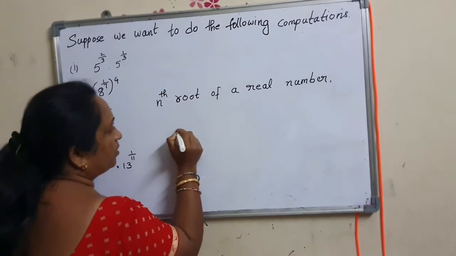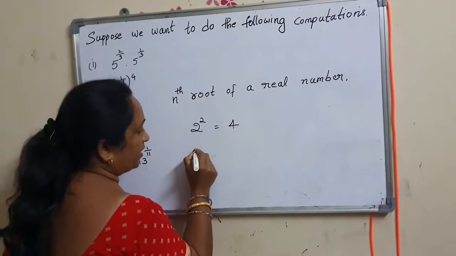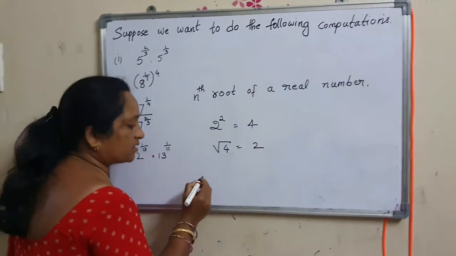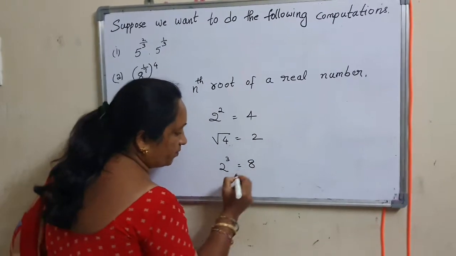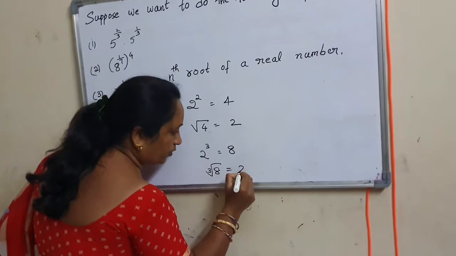Suppose you have 2 square is equal to 4. Then square root of 4 is equal to 2. Similarly, 2 power 3 is equal to 8. Then cube root of 8 is equal to 2.